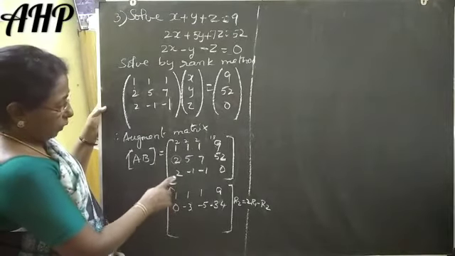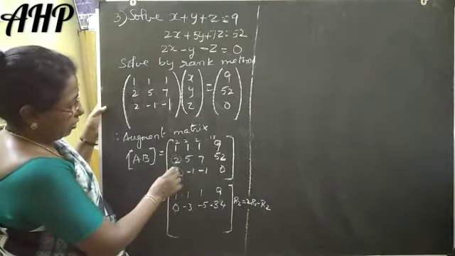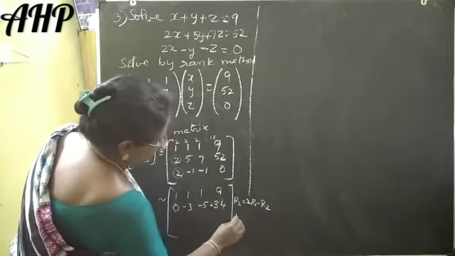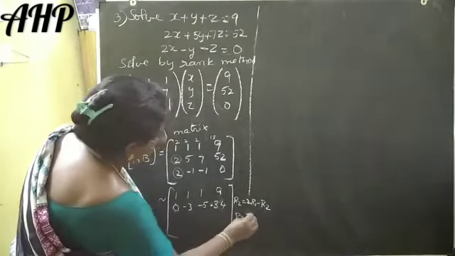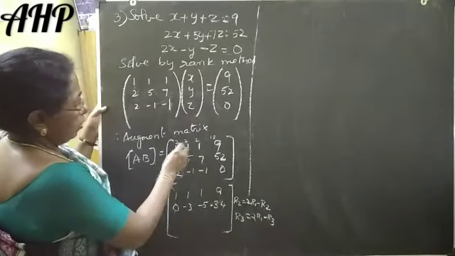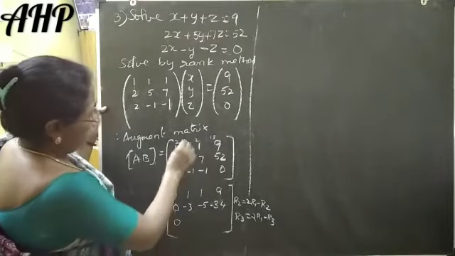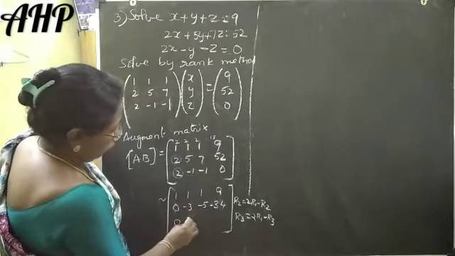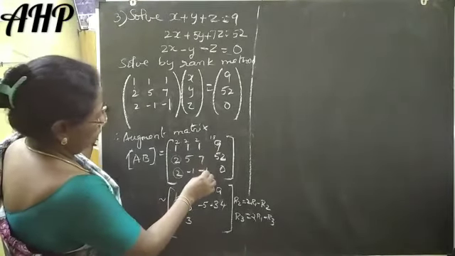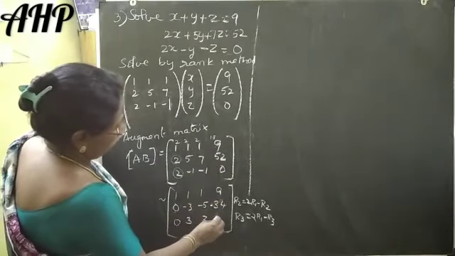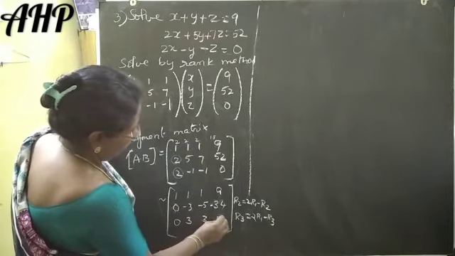Now again, to make the first element of the third row to be 0, R3 is equal to 2R1 minus R3. So 2R1 is multiplied by 2. So 2 minus 2 gives you 0. 2 minus of minus 1 gives you plus 3. 2 minus of minus 1 gives you plus 3. 18 minus 0, 18.